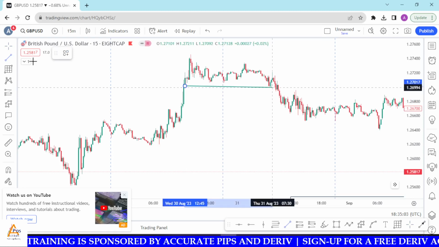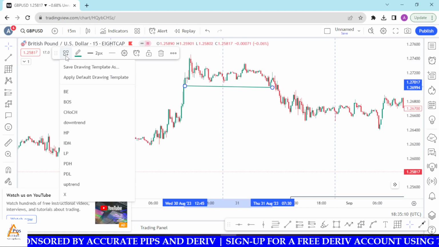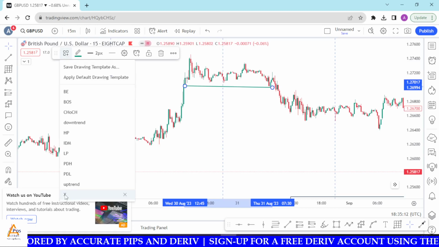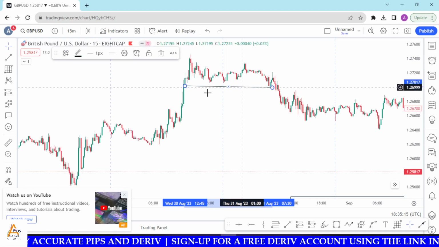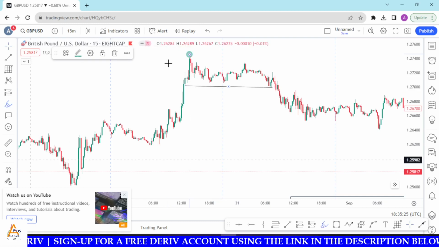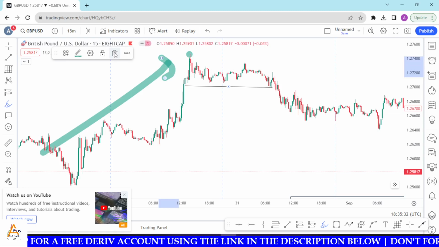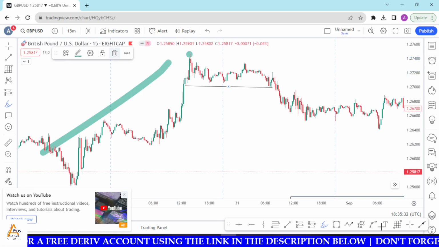So this is our inducement over here. That confirms this particular high, because we were in an uptrend during this period. So this confirms our high over here.